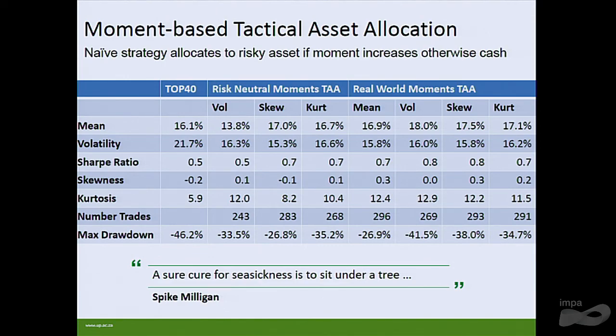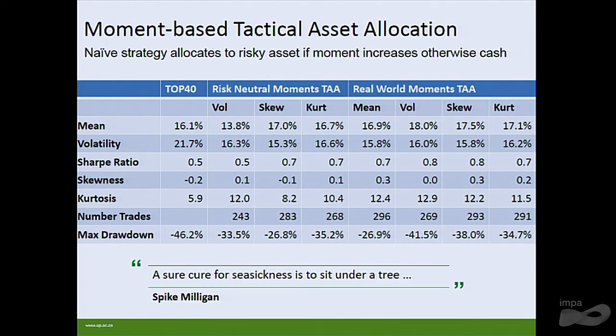Again, nice drawdown characteristic. If I look at the real world moments, the mean outperforms just holding the index at much lower volatility and much lower drawdown. Interesting Sharpe ratio as well. Volatility derived from the real world, similar story.